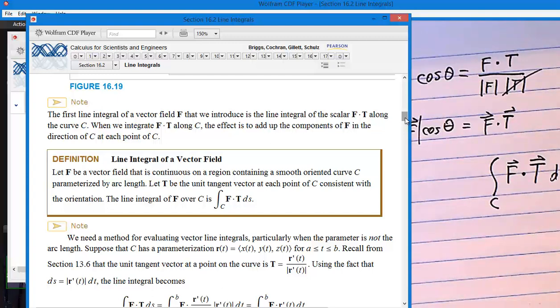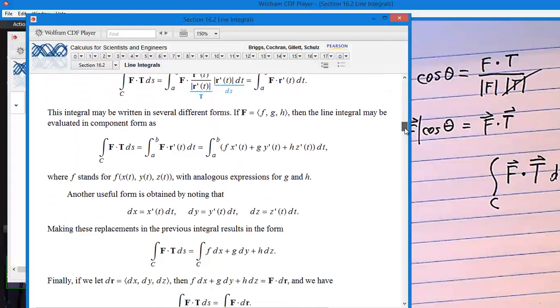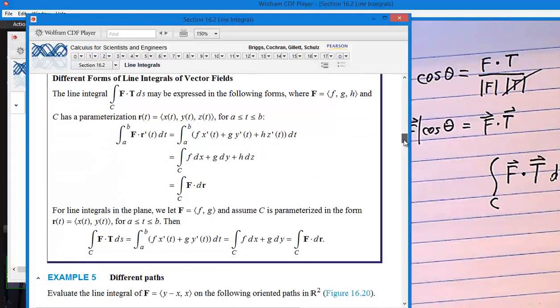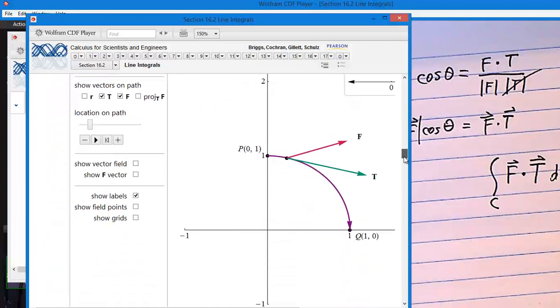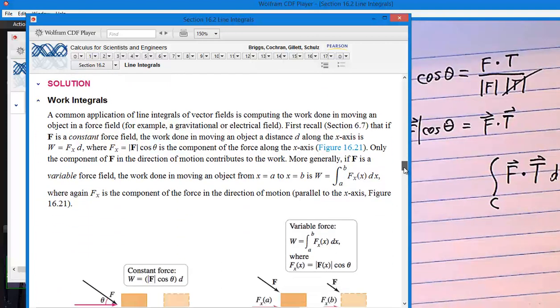And I like that your book right away says, okay, let's not only show them how to do it, let's show them a little why you might want to. A common application of line integrals is computing the work done. Okay, you physics graduates and students, how do you define work?